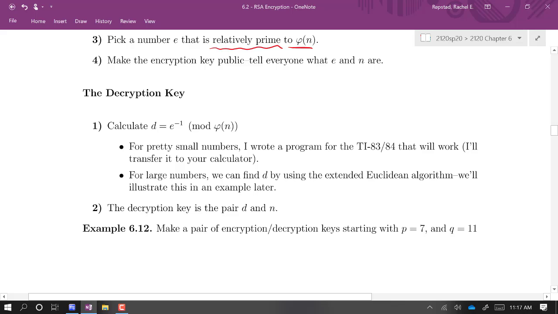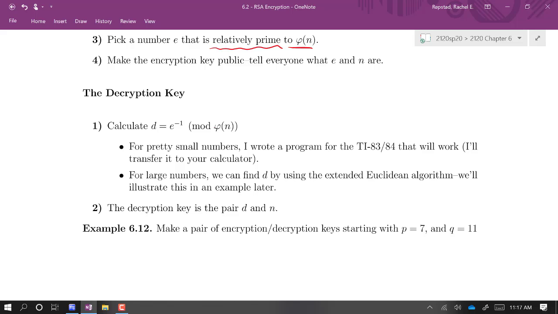So for pretty small numbers, there's a program for the TI-83/84 that'll work, and I'll share that with you a little bit later. In practice, we're going to be working with bigger numbers, and for bigger numbers that program is so inefficient. You could go make a pot of coffee, come back, and you'll still be waiting for it to finish.